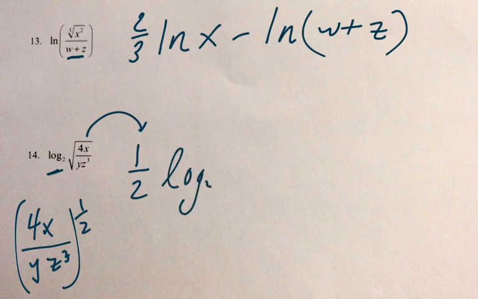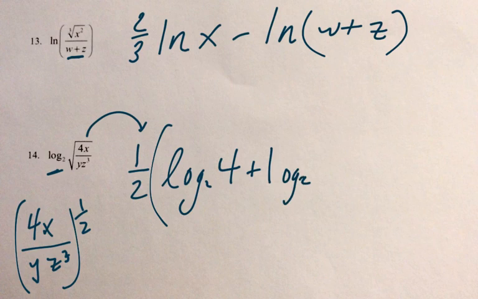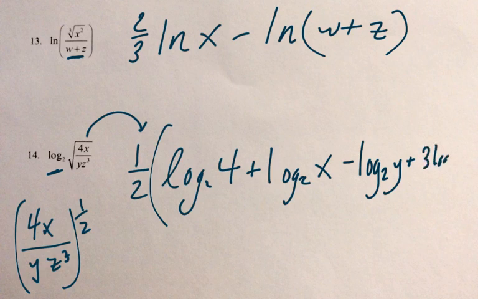Then in the numerator, now I'm going to put this in parentheses because that 1/2 gets applied to all of these things. So I'm going to end up having log base 2 of 4 plus log base 2 of x minus log base 2 of y plus 3 log base 2 of z.